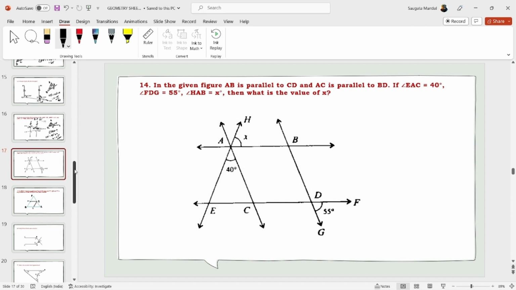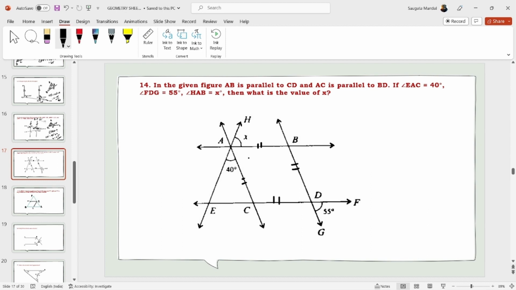Question number 14. In the given figure, AB is parallel to CD and AC is parallel to BD. EAC is 40 degrees, FDG is 55 degrees, HAB is x degrees.